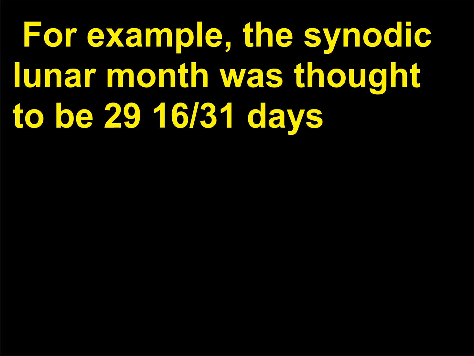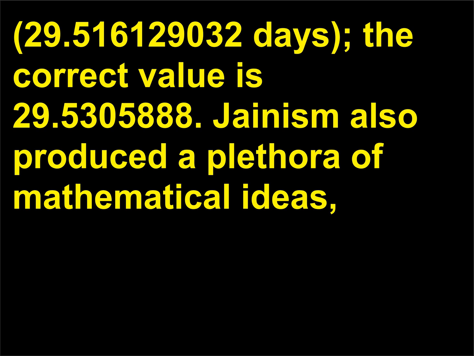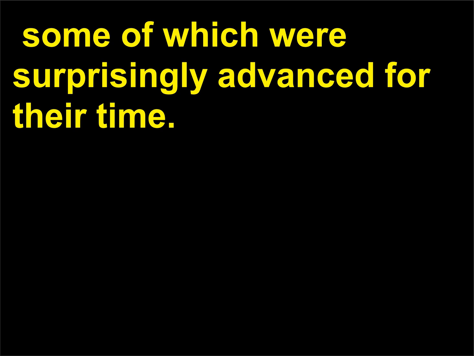For example, the synodic lunar month was thought to be 29 and 16/31 days, 29.51612903 days, the correct value is 29.53058888. Jainism also produced a plethora of mathematical ideas, some of which were surprisingly advanced for their time.